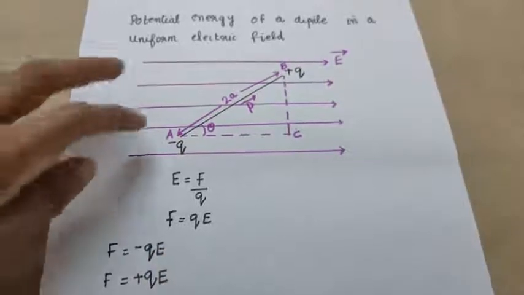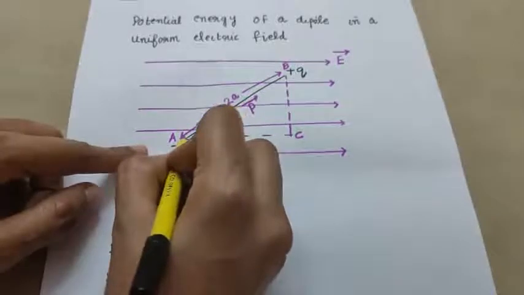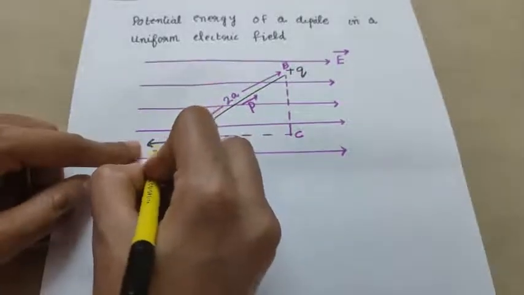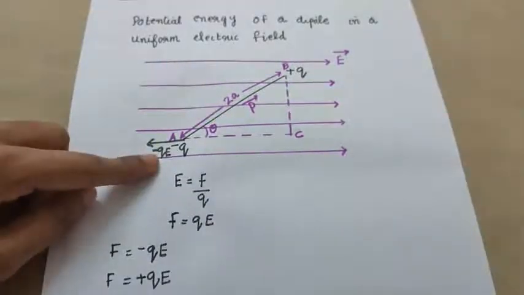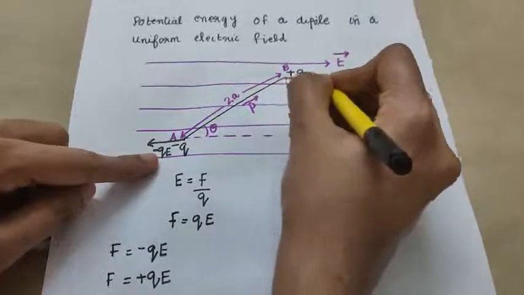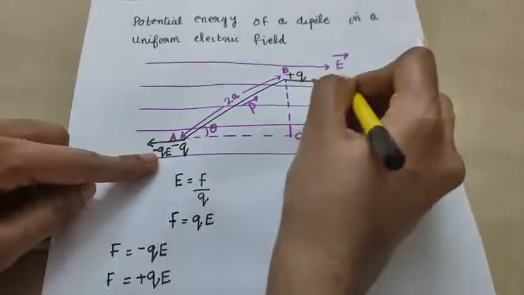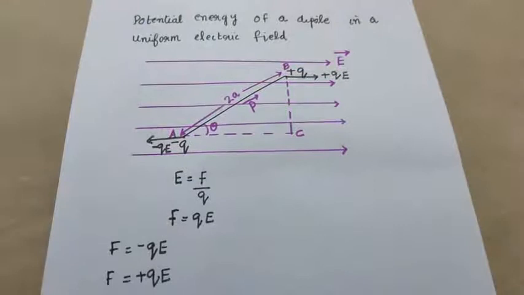I will draw those two forces in the figure. This is minus QE, the force experienced by the negative charge, and this plus Q experiences a force plus QE along this direction.